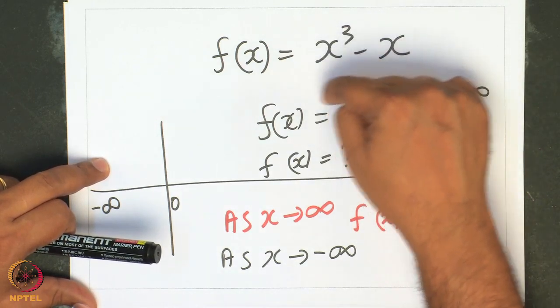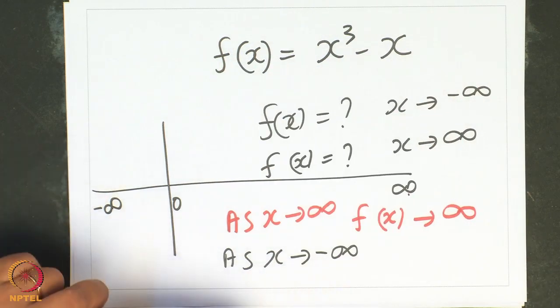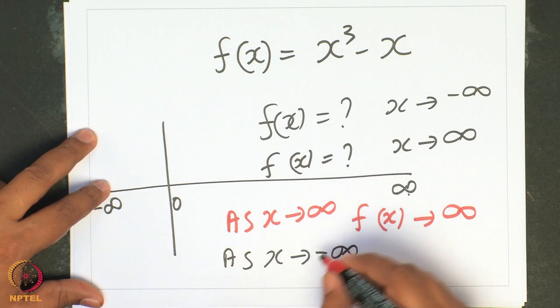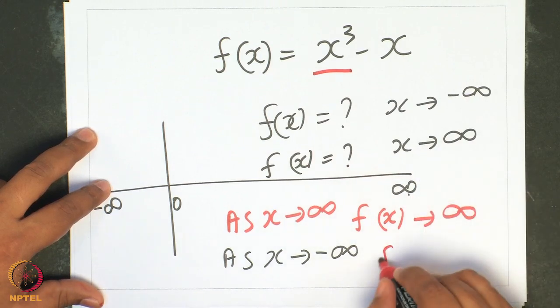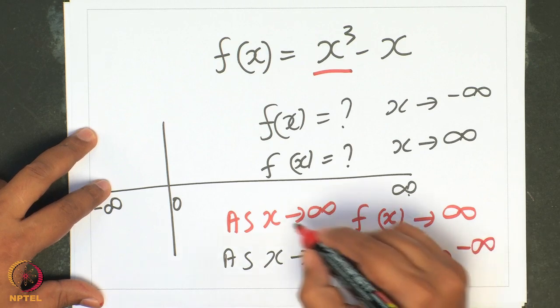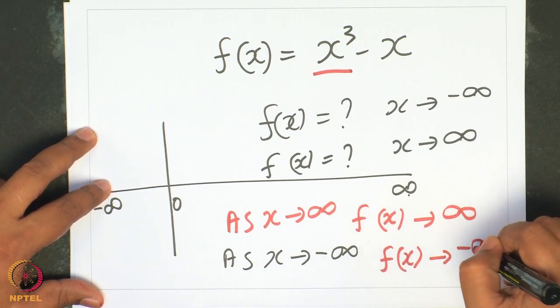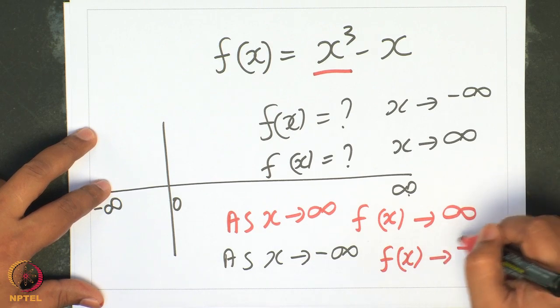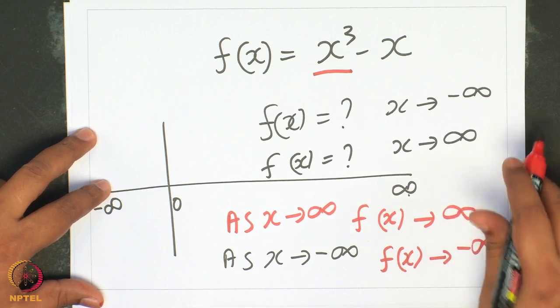So, since x cube would go to minus infinity, the function also will go to minus infinity. Therefore, f of x will also go to minus infinity. So, we understood the 2 points, the starting point and the ending point. At minus infinity, the function is minus infinity. When x is plus infinity, the function is plus infinity.